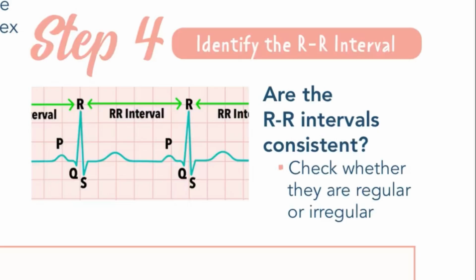So when the RR interval increases, it means the patient is having bradycardia. The boxes between each QRS complex increase, and in tachycardia the boxes decrease. So you can remember from here.